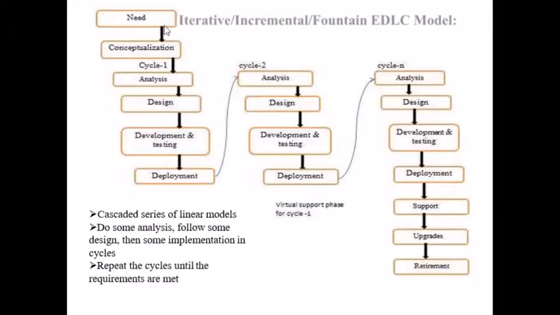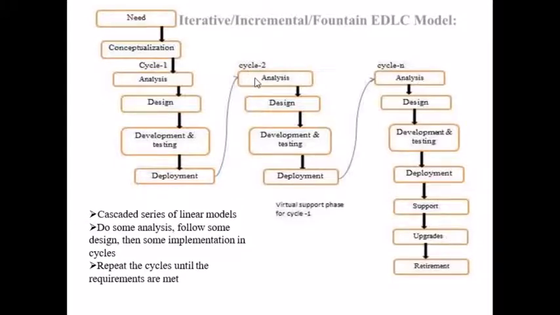Here you can see the need step, conceptualization, and then analysis, design, development and testing, deployment. Then in cycle 2, after cycle 1, feedback is taken from the user, and if there are any ambiguities or any problems with the product, certain functionalities are added in cycle 2.